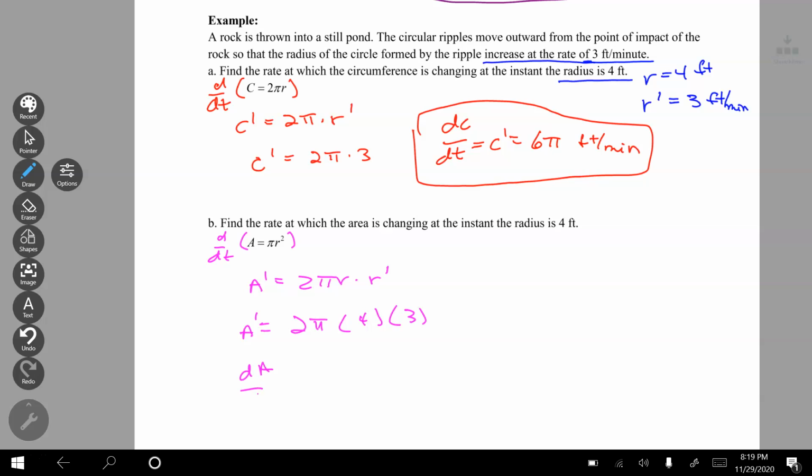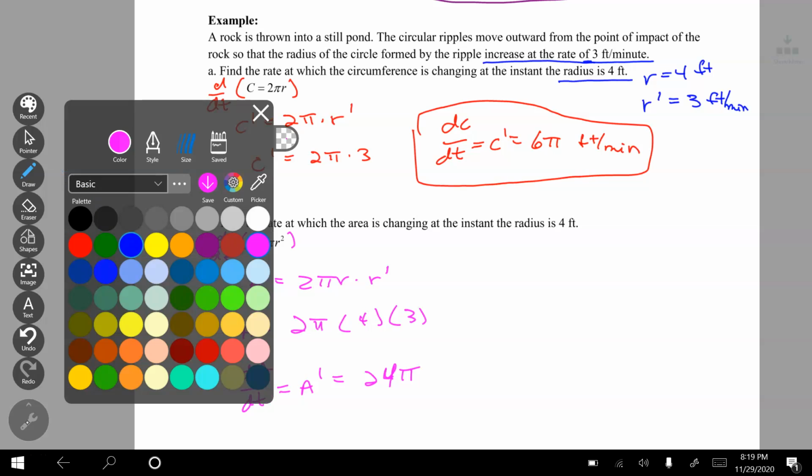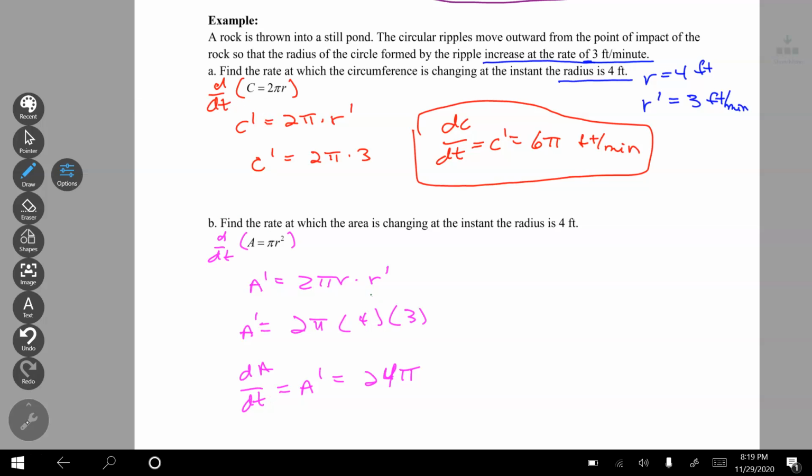And my rate of change of my area, or my a prime, is equal to 2 times 4 times 3, which is 24 pi. And my units are, let's see, this was feet, this was feet per minute. So my units should be square feet per minute.